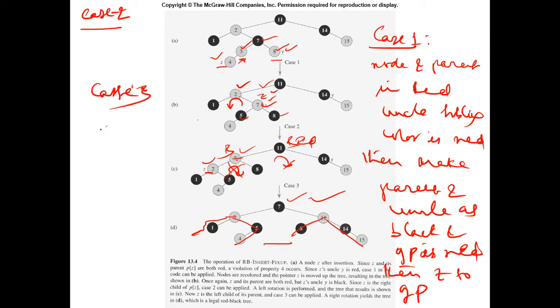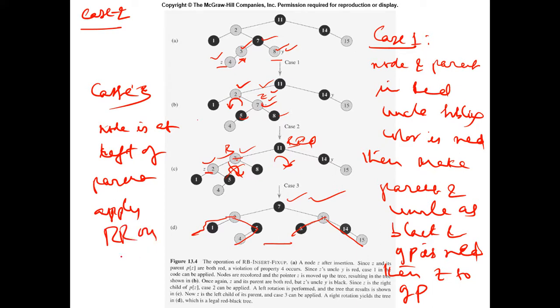Under case 3, that is node is at left of parent, then what do you do? Apply right rotation on grandparent.